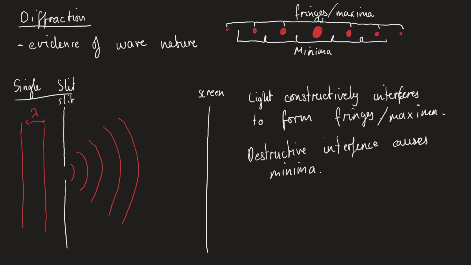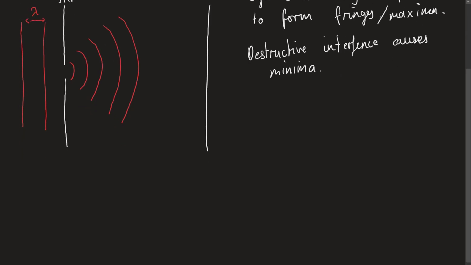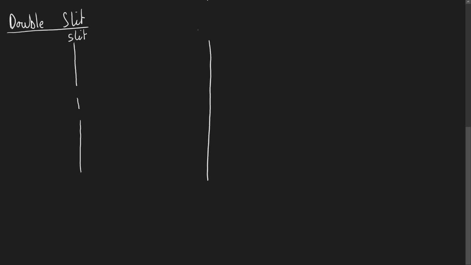So let's take a look at the double slit diffraction and how that's going to change. What happens in double slit is very similar. We're going to have two slits in this case. So this is the slits. Some distance away, we're going to get the screen.